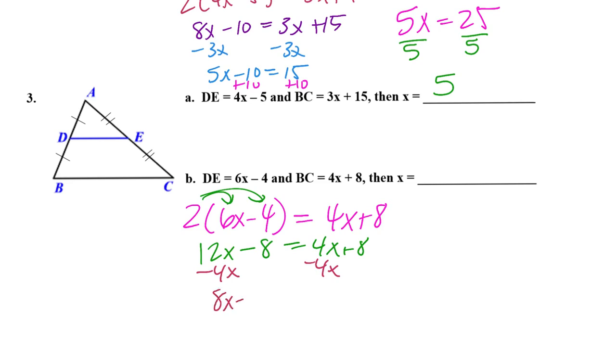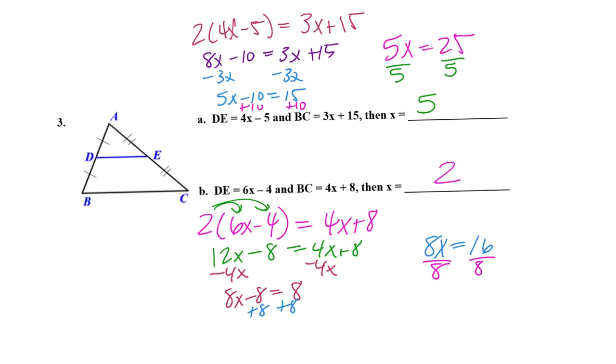So I get 8x minus 8 equals 8. Add 8 to both sides. 8x equals 16. Divide by 8. x equals 2.